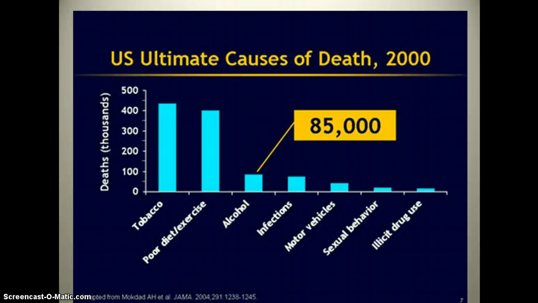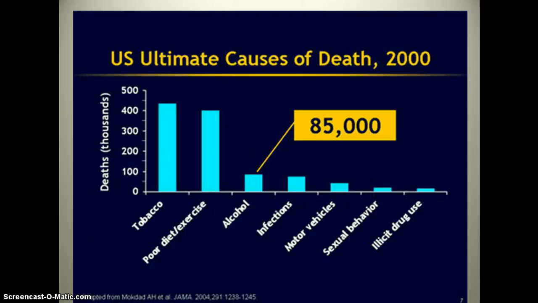Now this chart's a little old now, but here, this was a big deal. I wanted you to see this. If we look at the use of illicit drugs, I mean, we were looking at the DAWN data. You saw the numbers of deaths from illicit drugs, and you were quite shocked that prescription opiate medications were at the top of that list, but we really didn't even look at tobacco or alcohol. Or poor diet and exercise is a huge problem in the United States.